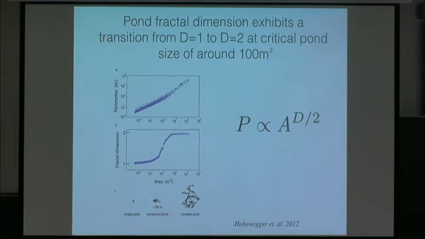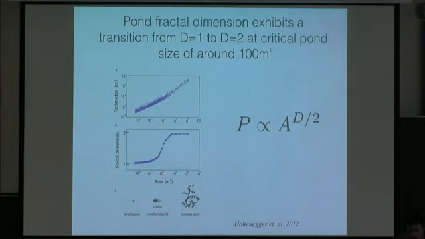So they made this striking observation that the fractal dimension of the pond boundaries, which is really just this exponent which relates the perimeter of a pond to its area, transitions from 1 to 2 at some particular scale, at some particular pond size. So this seems kind of very mysterious and fundamental because these limits are actually mathematical limits which cannot be exceeded by any shape on a plane.